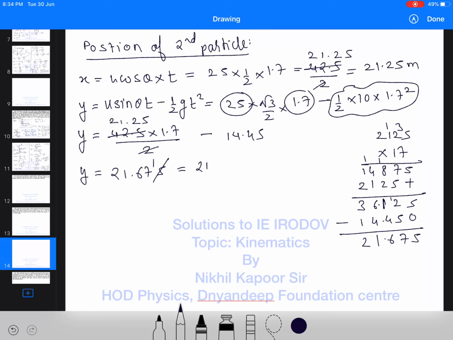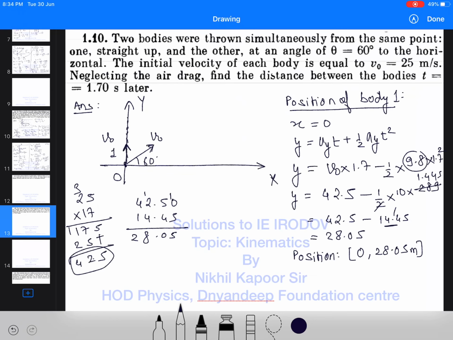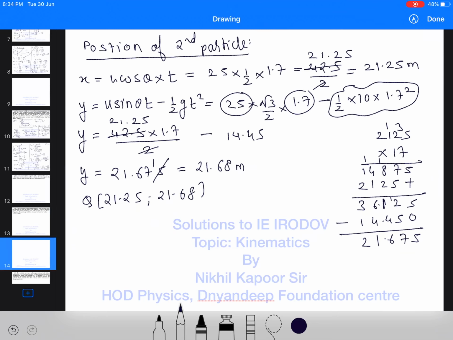I will drop this digit and this is an odd number, so it will be 21.68 meters. So we have also got the position of particle 2. Let us say its position is x comma y, 21.25 comma 21.68, and I will name this point P.